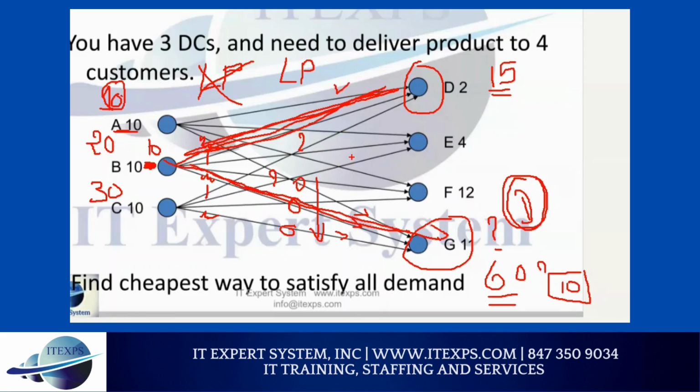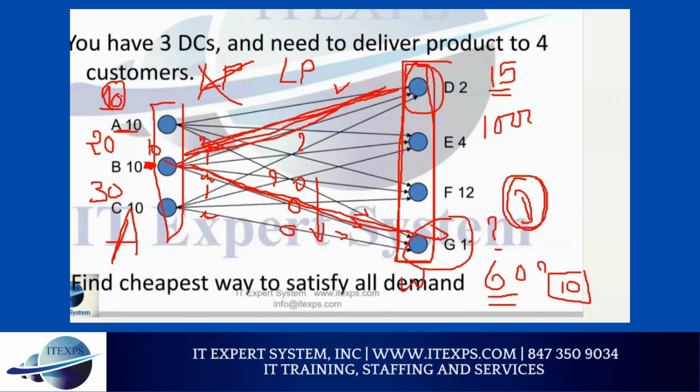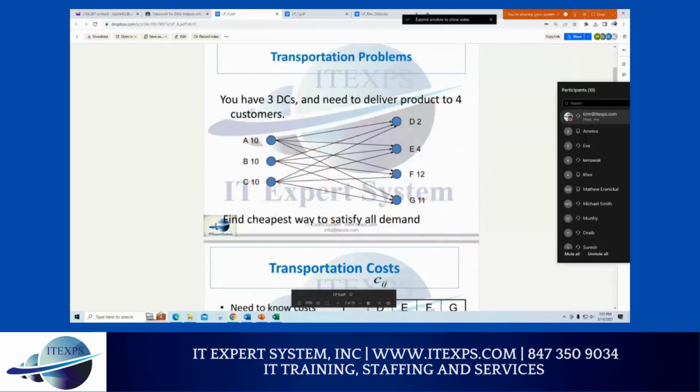This is humanly impossible. Let me repeat, I'm doing only 3 distribution centers and talking about 4 customers. Think about Amazon, think about Walmart. They have thousands of customers, meaning retail stores, and they may have 15 plus distribution centers, and in the middle they will have sub centers, right? Now make it complex.